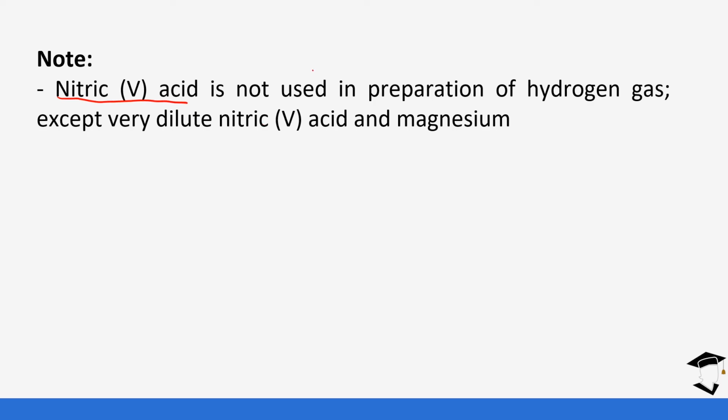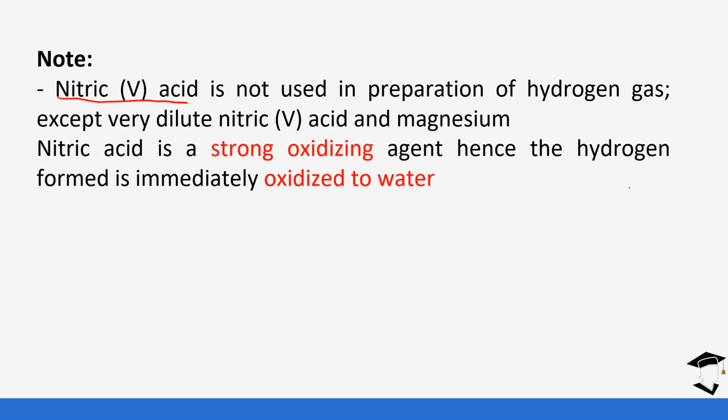If it is used, what happens? It oxidizes the hydrogen gas that is being produced to form water. So we usually say that nitric(V) acid is a very strong oxidizing agent. You can see it oxidizing, or adding oxygen to, the hydrogen to form water.